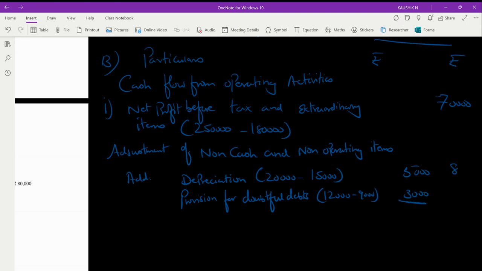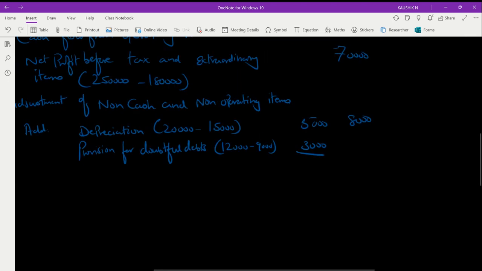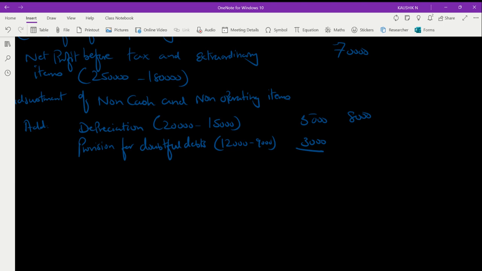The net value you can record in the outer column as 8,000. And now you are going to have adjustment of working capital. Here also you are going to first bring out the add segment, then you go with the less segment.